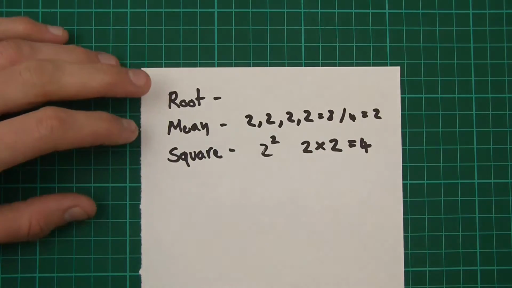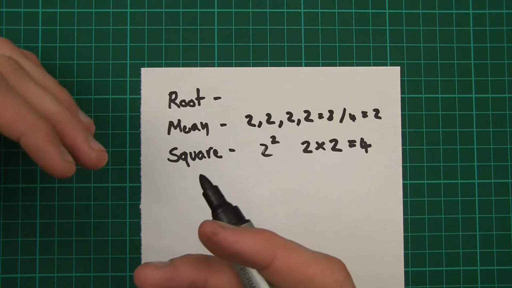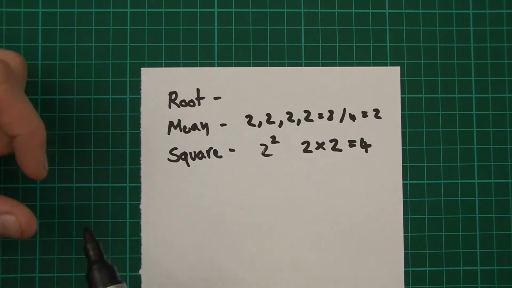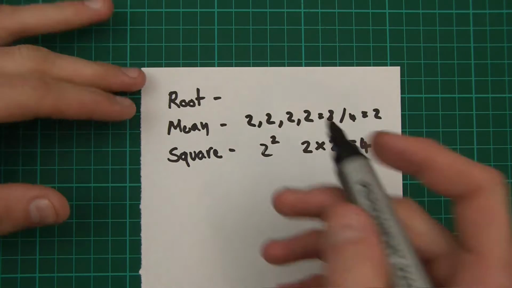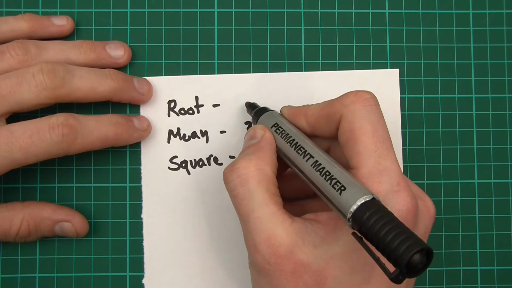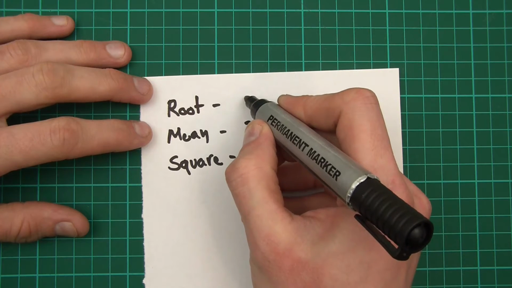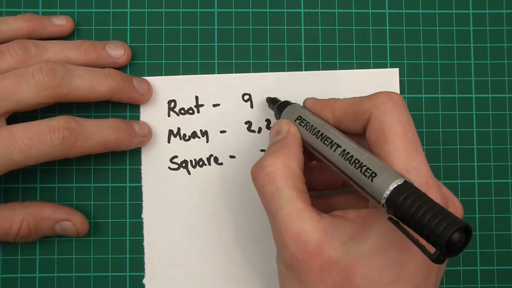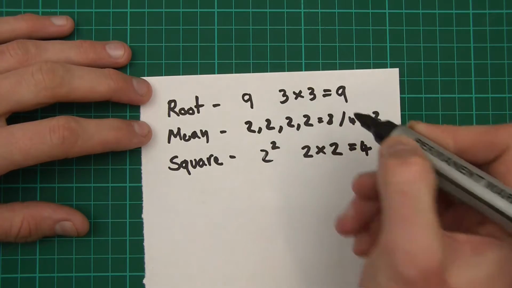And root is a number which multiplies by another same number to make another value. So for example, the root of, let's say, 9. Well, if you get 3 and multiply it by 3, it equals 9.